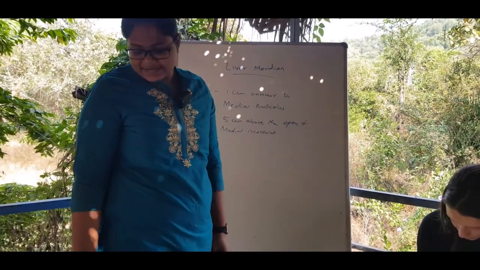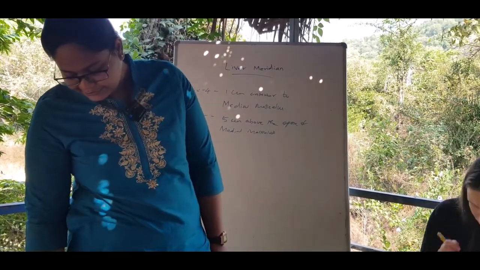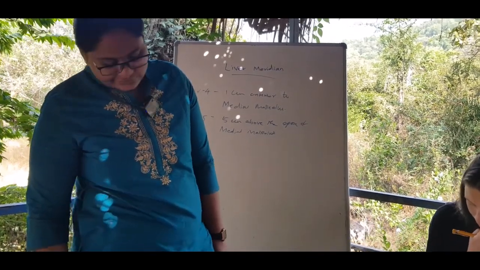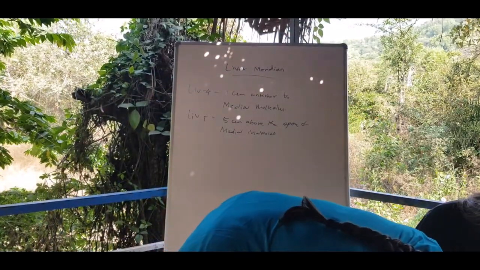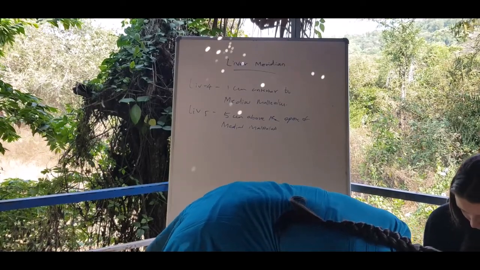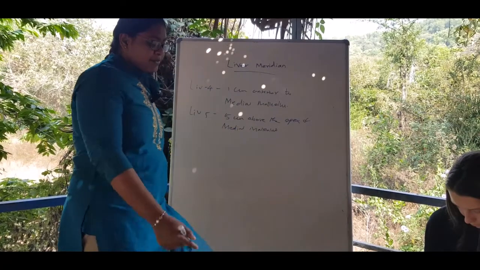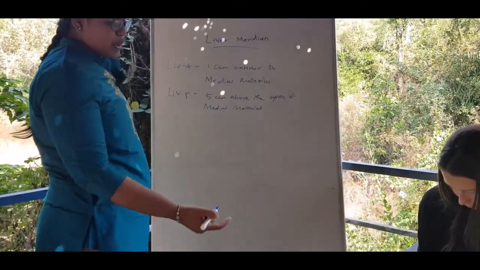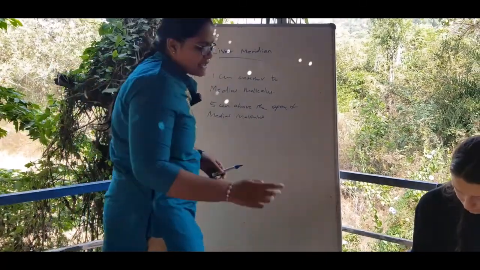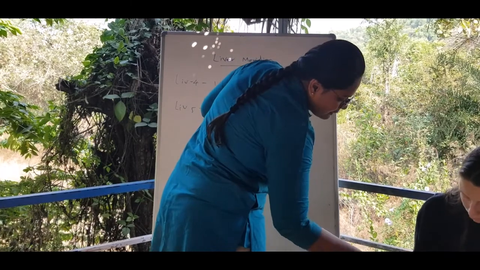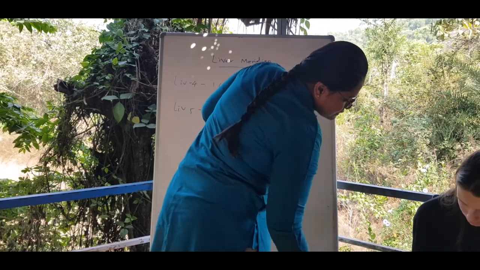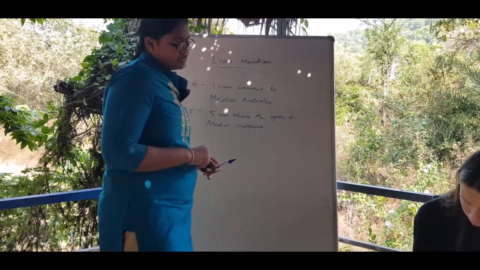And liver 6 is 2 tune from liver 5, or else from the apex of the medial malleolus you have to take 7 tune. Both ways you can take. If you are taking 7 tune, because they are calculating 5 plus 2, 7 tune from the medial malleolus, that is liver 6, or else 2 tune from liver 5 is liver 6. Okay.